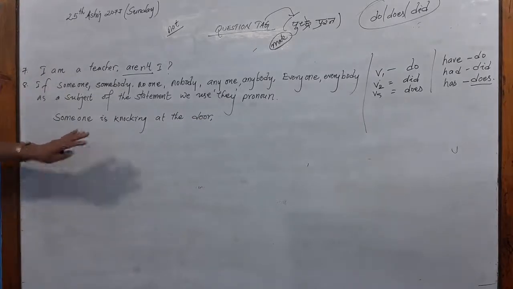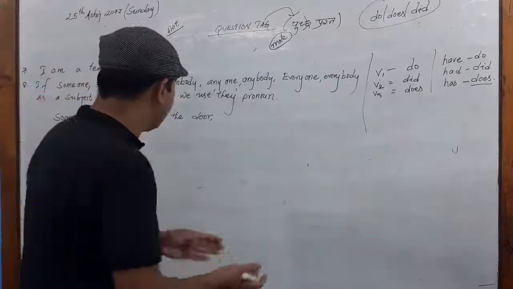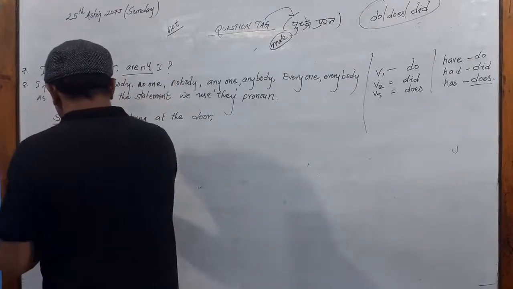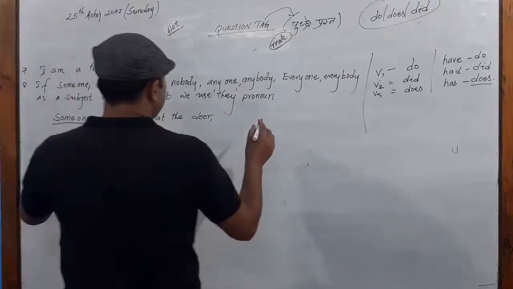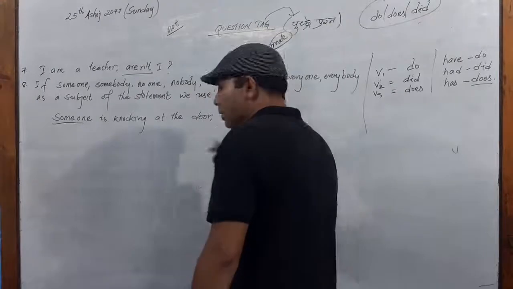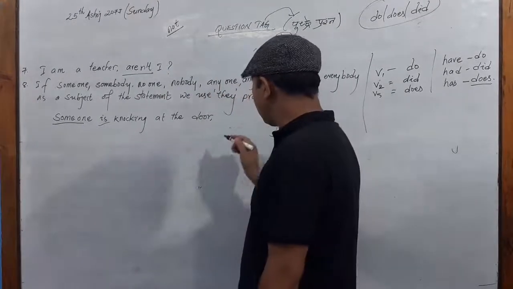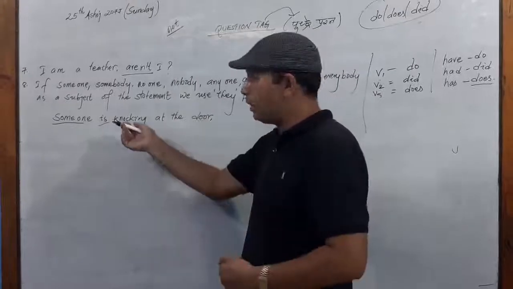What is the auxiliary verb here? Is. But we cannot write is. Because let's understand here, if the subject pronoun is they, then they means plural. Is is singular. So at that time, what is the plural form of is?